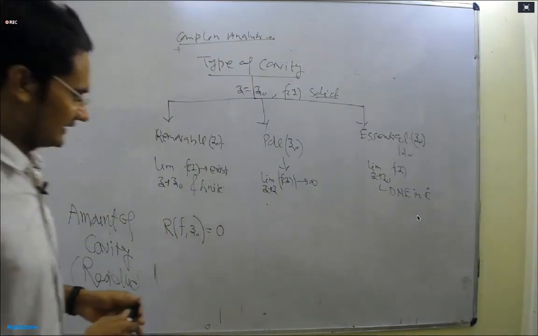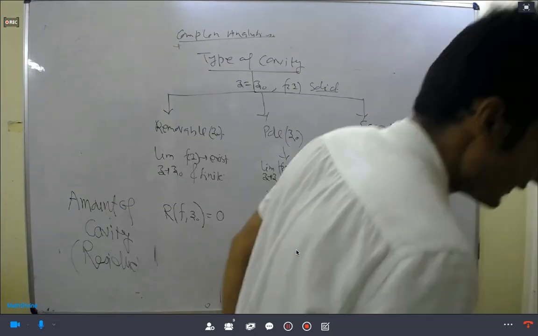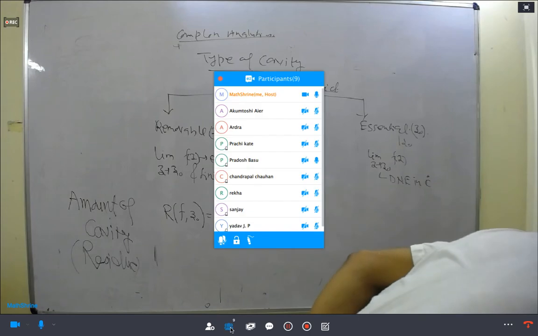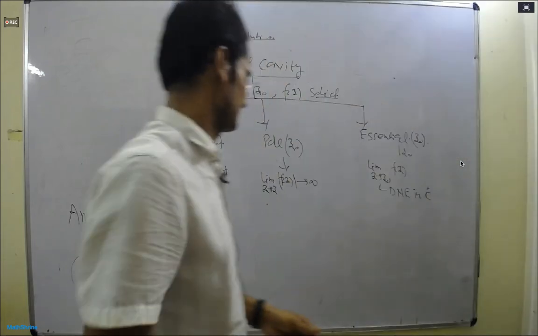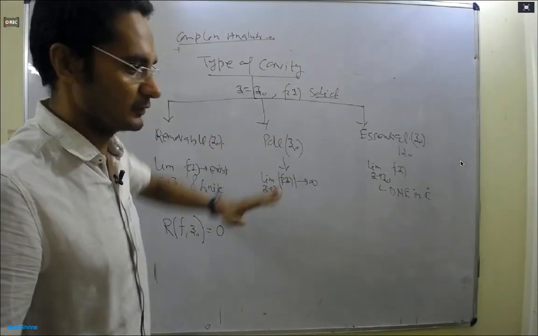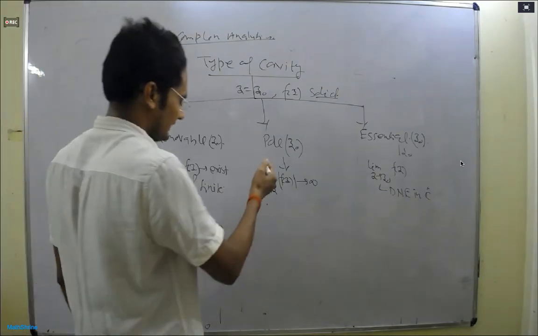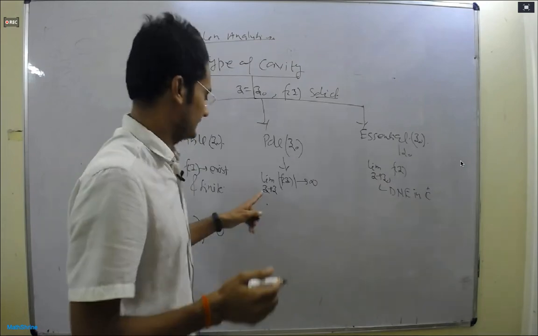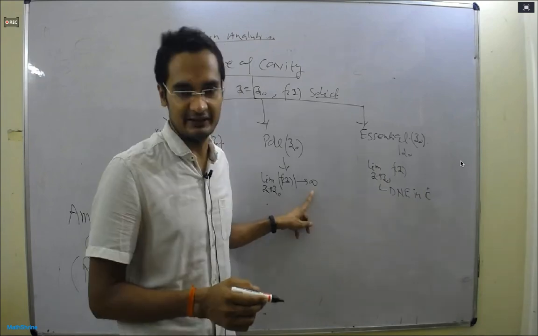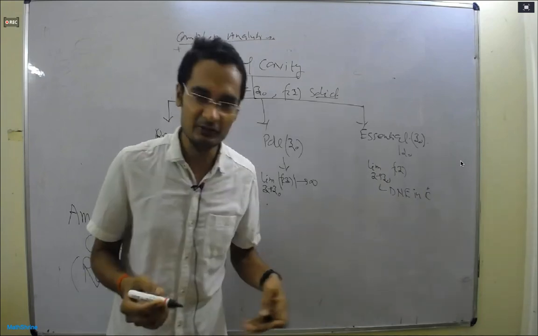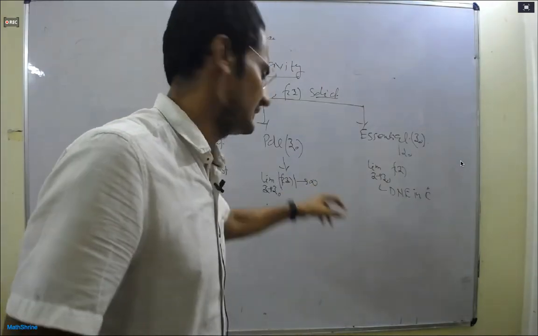Anyway, all right. Now, about the pole. Here, if you notice, as z tends to z naught, our function goes to infinity, meaning whenever you reach near z naught, our function tends to infinity.